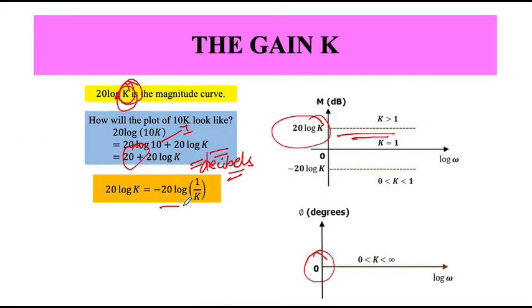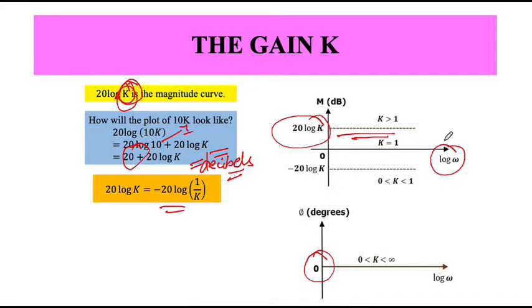Okay, so this is the basic one. Now how do we plot the gain k? It is just a horizontal straight line, constant for all the frequencies when the plot varies the log of frequency.